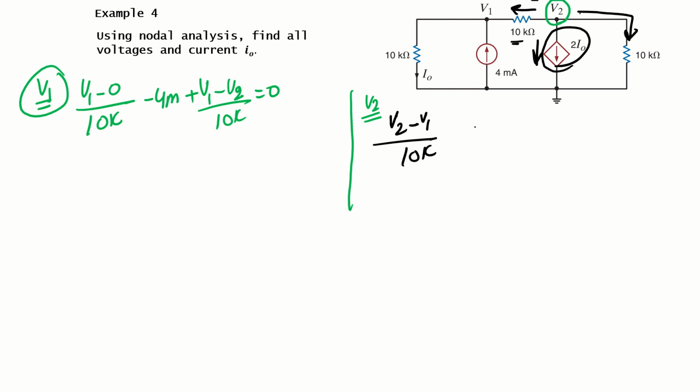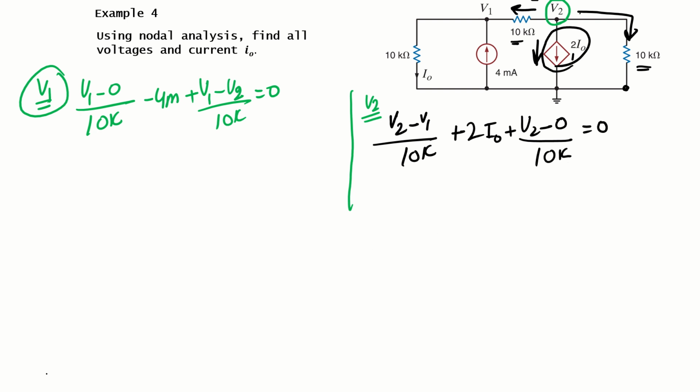Then this current, the dependent current source, is also leaving, so plus 2 times I naught, because the direction of leaving is the same. Then the current through this 10 kilo will be V2 minus the ground node, which is 0. So V2 minus 0 divided by 10k is equal to 0.